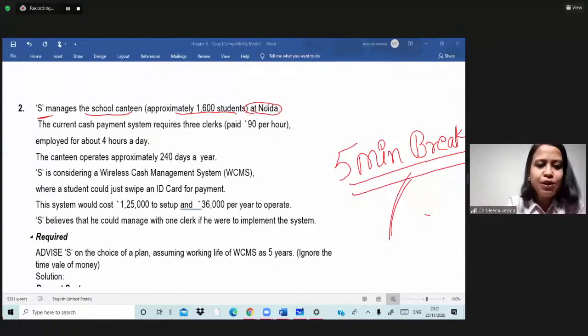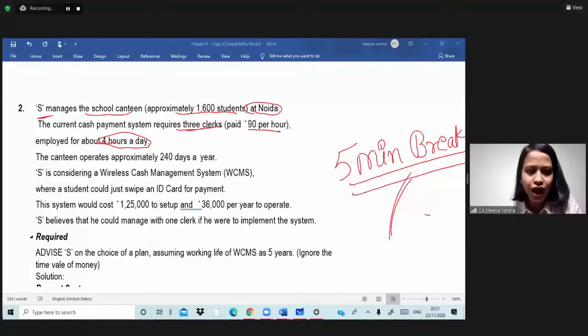The current cash payment system requires 3 clerks, paid 90 rupees per hour. They are employed for about 4 hours a day, so for every hour they pay each clerk 90 rupees.